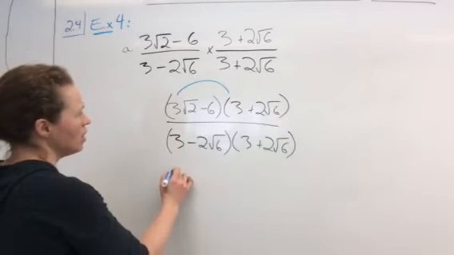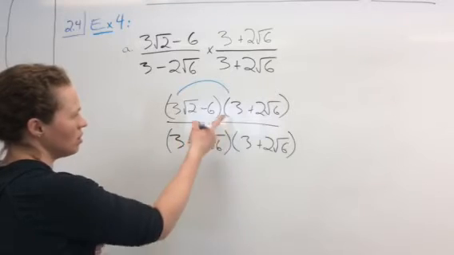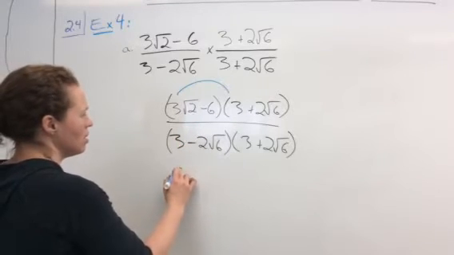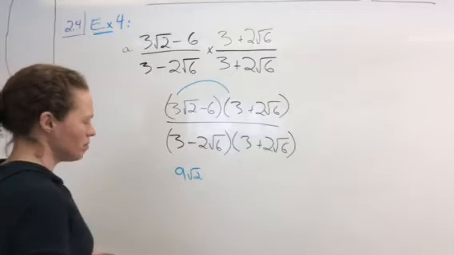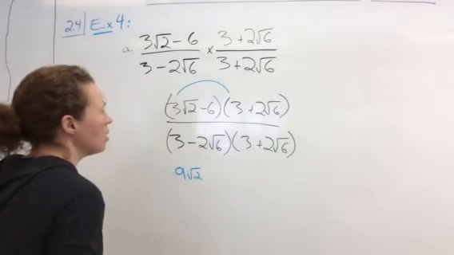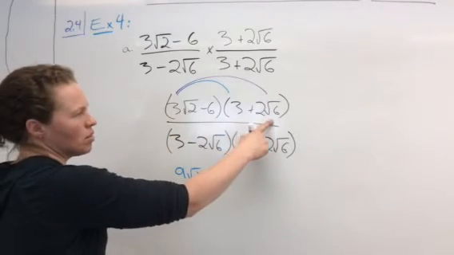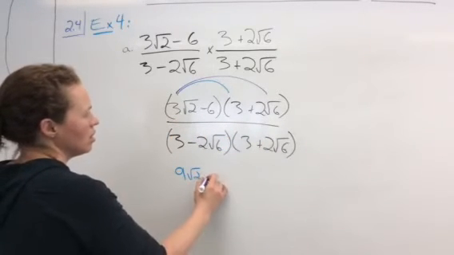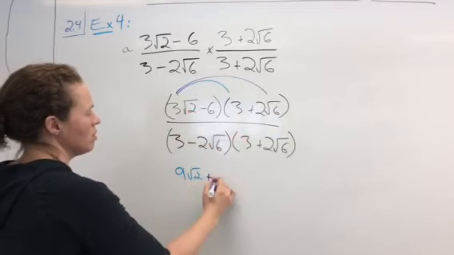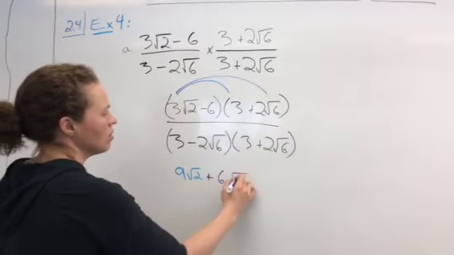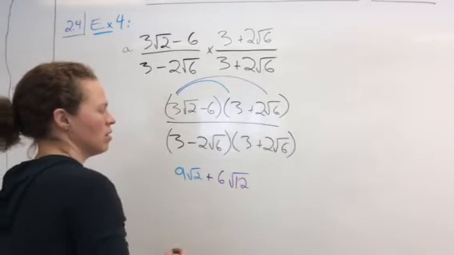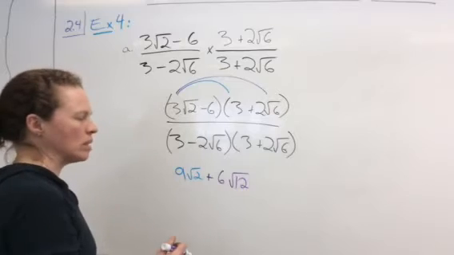So we're going to have 3 root 2 times 3 is 9 root 2. And 3 root 2 times 2 root 6 is going to give us a positive 6 root 12. Uh-oh, there's that root 12.